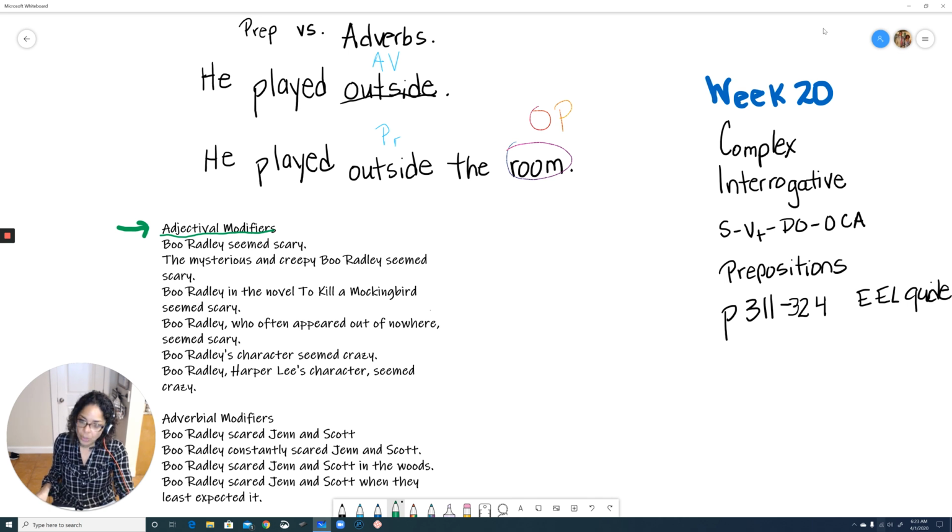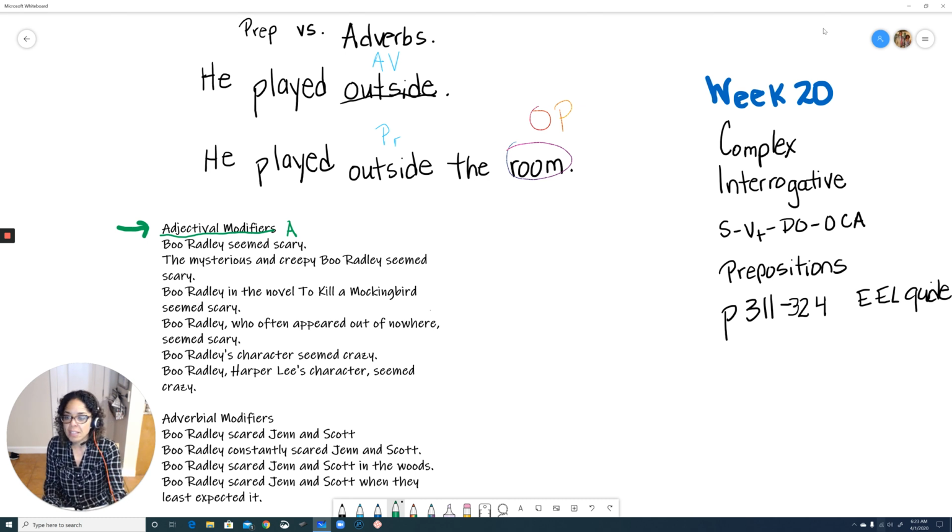Scary is a predicate adjective that gives us a little bit more information about Boo Radley. So in this sentence, scary is our adjective, right? It's modifying Boo Radley.